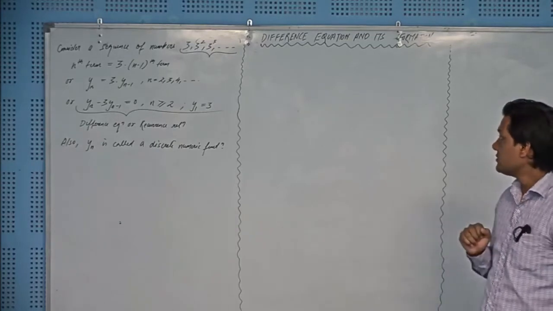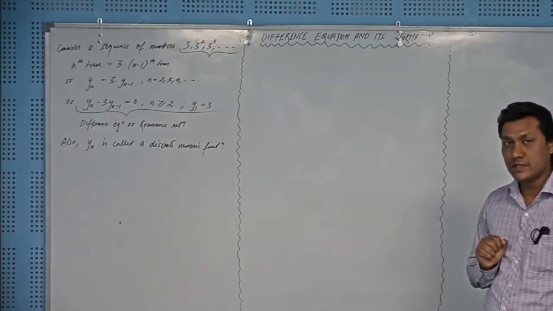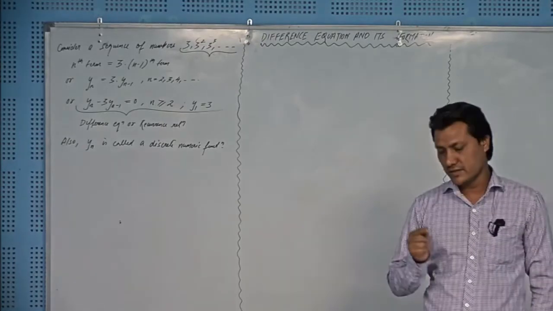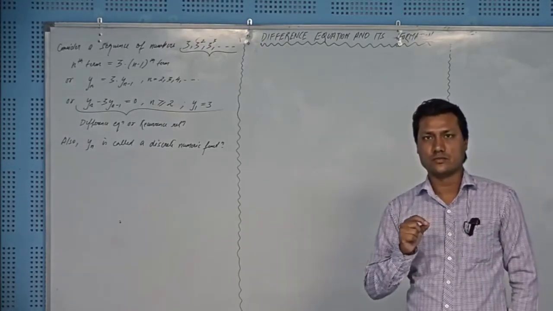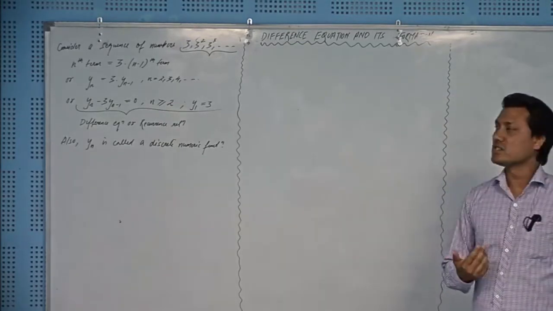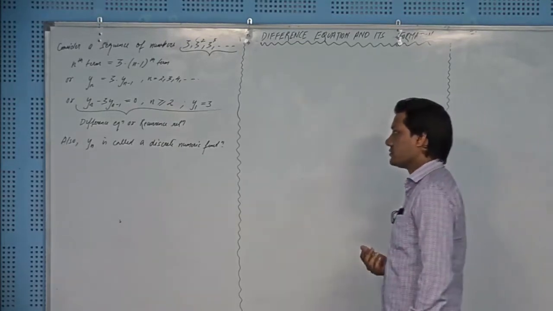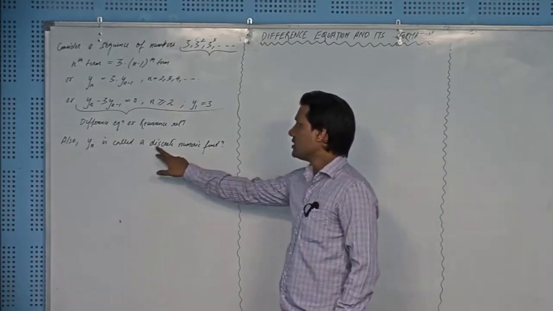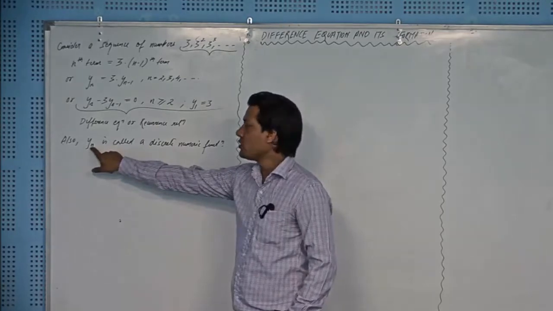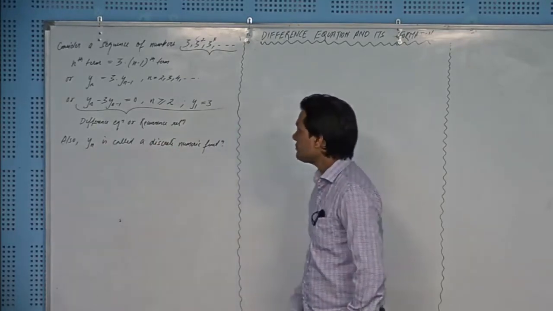But a discrete numeric function doesn't have a continuous domain, rather it has discrete values 1, 2, 3, and so on. So there is a difference between a real variable function and a discrete numeric function. The word discrete is for its domain, n belongs to 1, 2, 3, and so on.